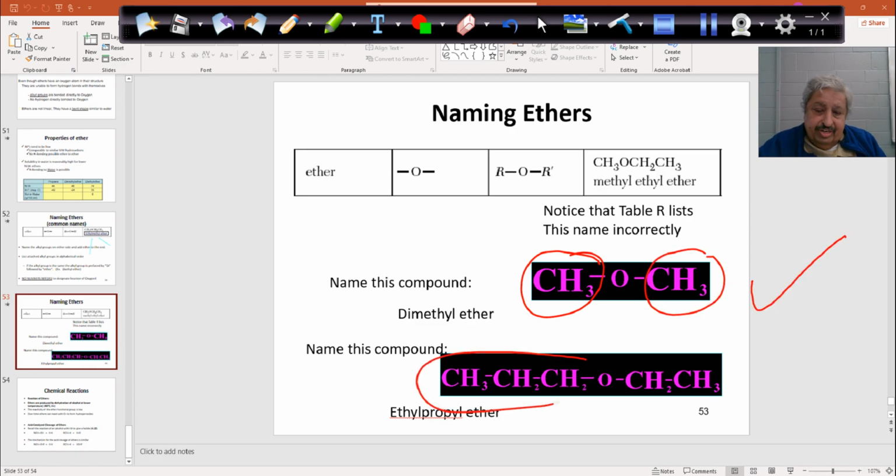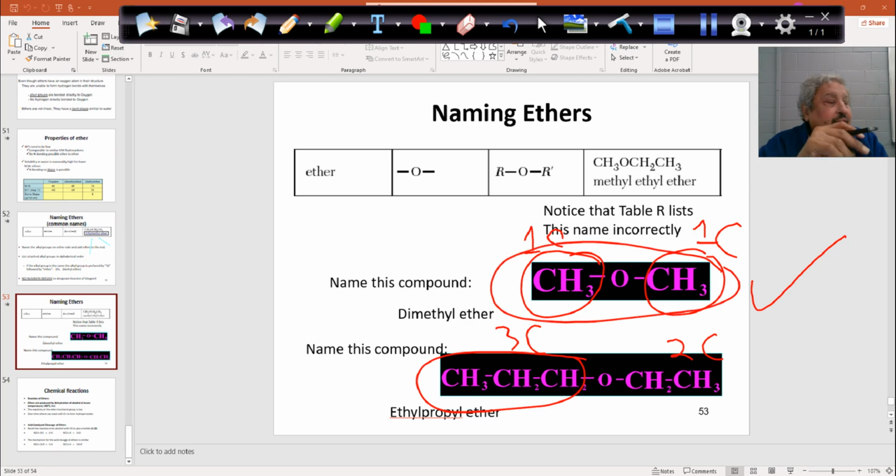Here we have 3 carbons, here 1 carbon, 3 carbons here, and here 1 carbon, and here 2 carbons. So this is more reactive because the smaller the R, the more the oxygen can move around and be reactive. But this one here is less reactive.